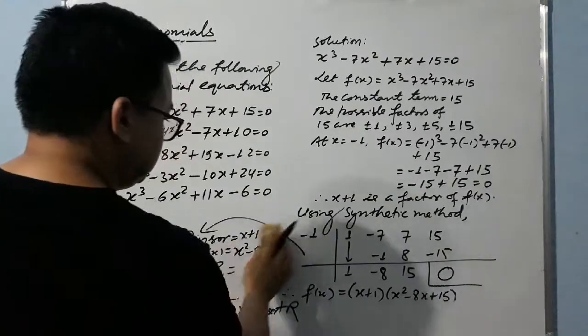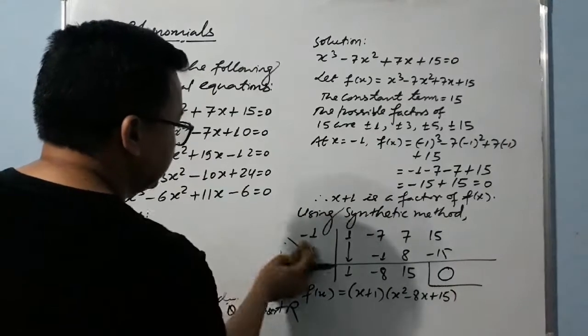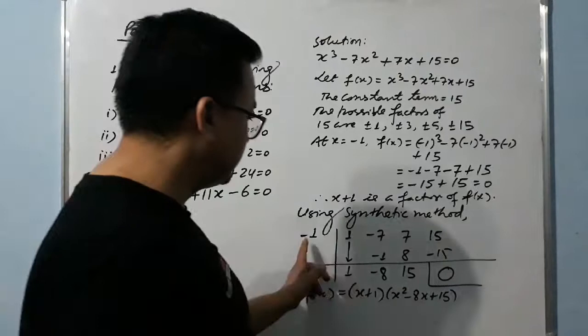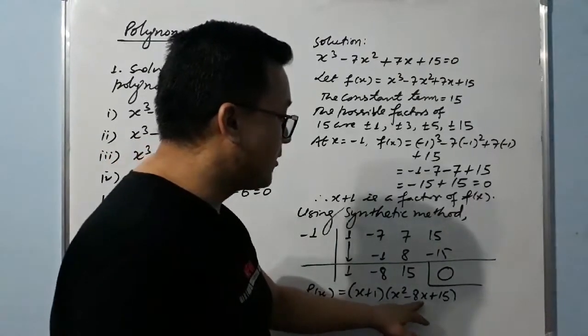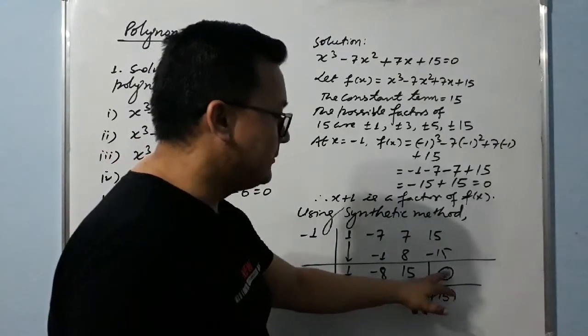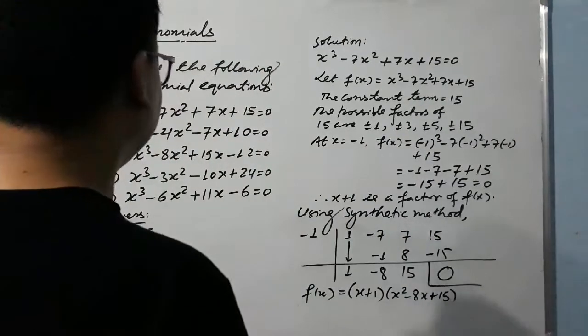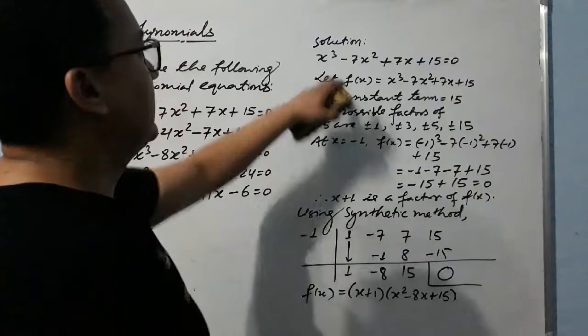Let me write that again, because I have not written it clearly. Dividend is equal to quotient times divisor plus remainder. So here f of x is the dividend, x plus 1 is your divisor, and this is the quotient, and this remainder is 0, so that's why I have not written it. I think that is clear.